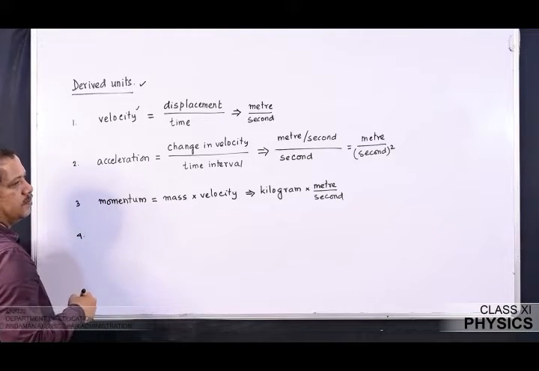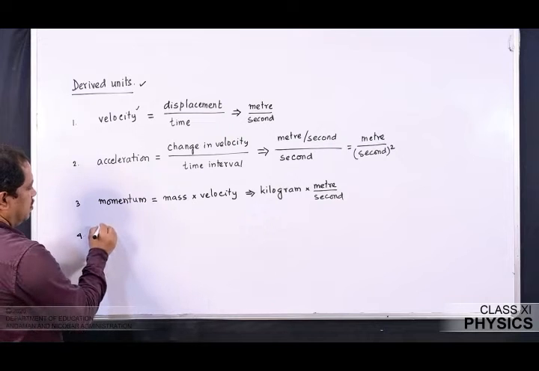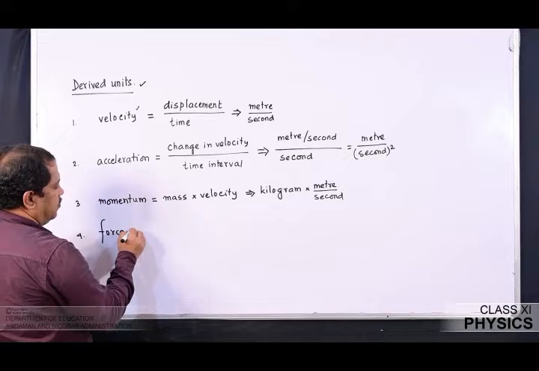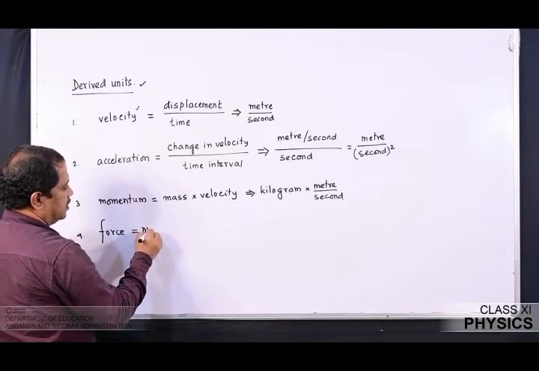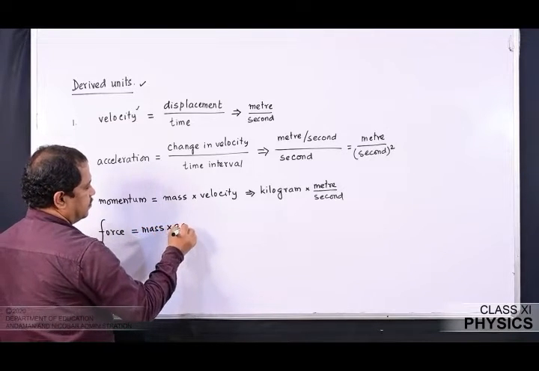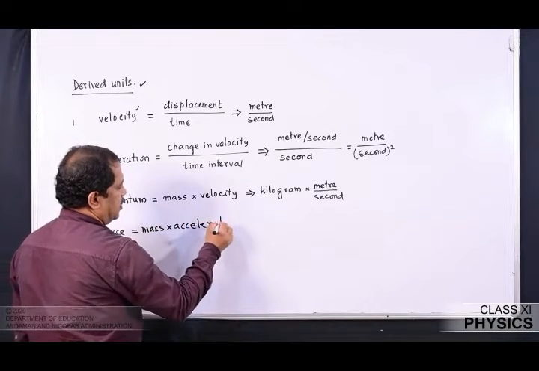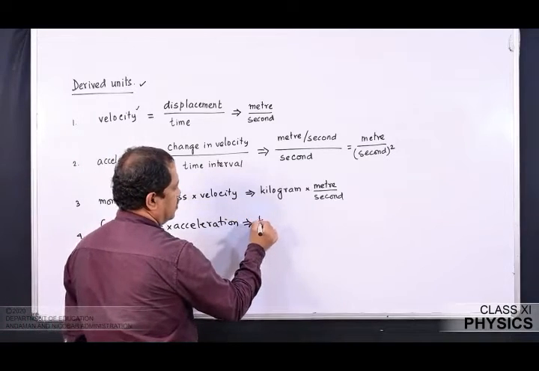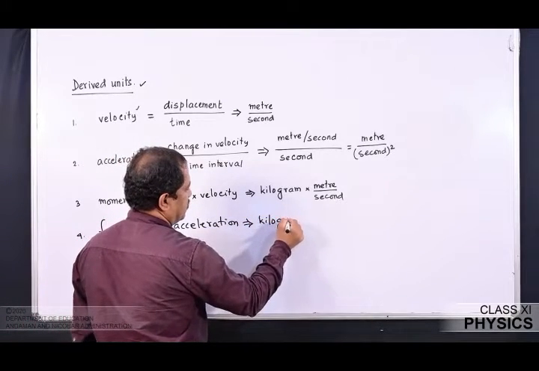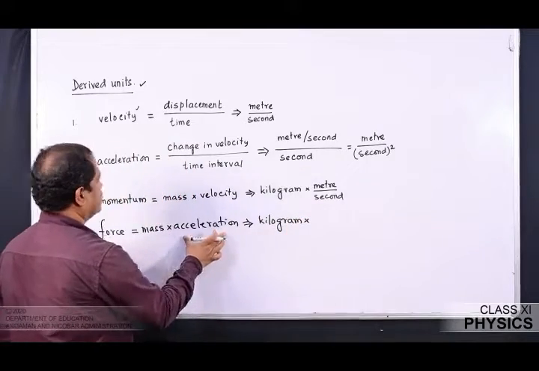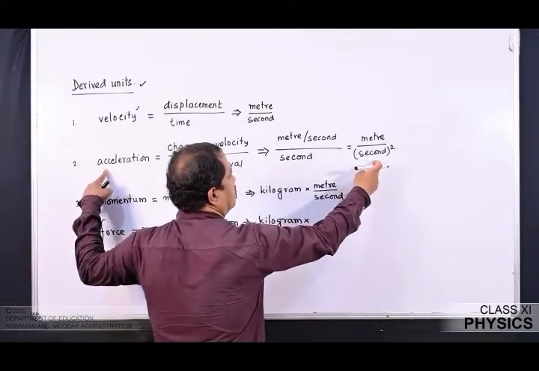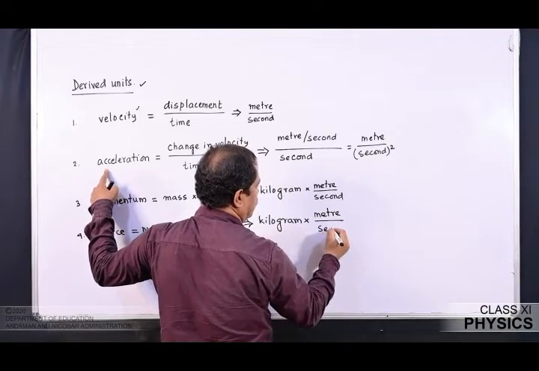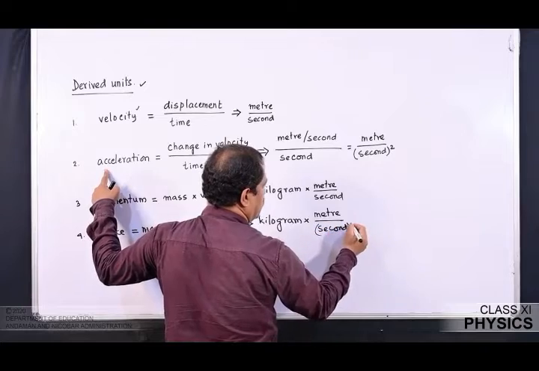Let me produce one more example which you are very familiar with from lower classes. You call it force, and force I know is nothing but mass times acceleration. Mass will have the unit kilogram, times, for acceleration, the unit meter per second square.